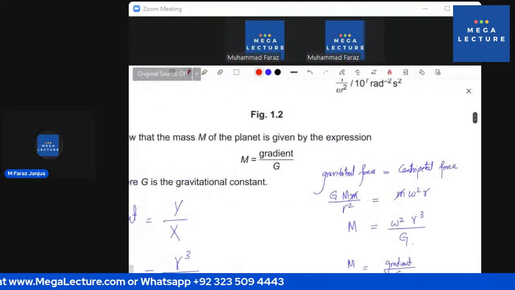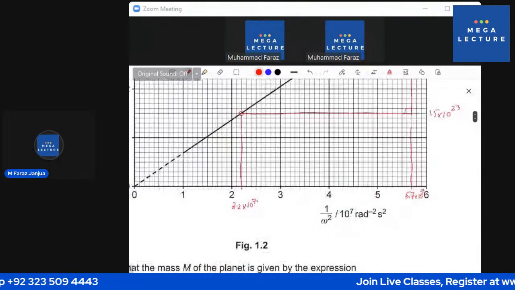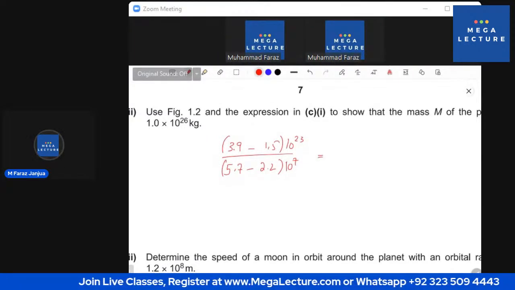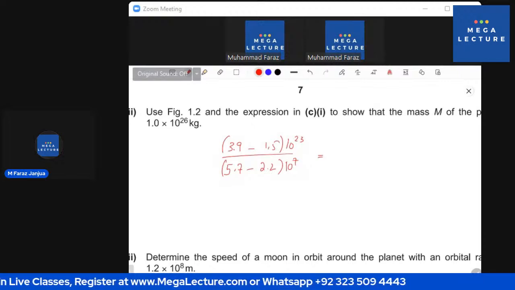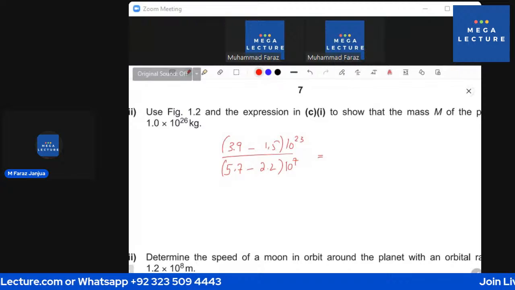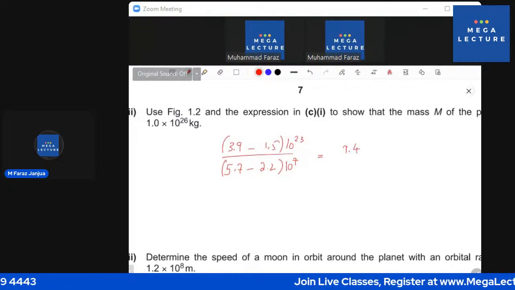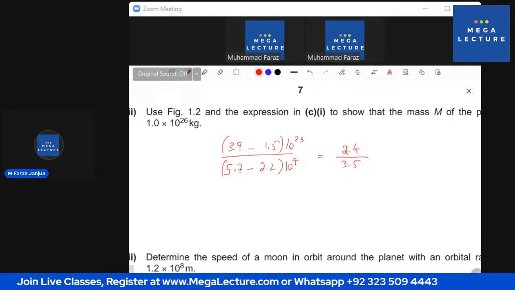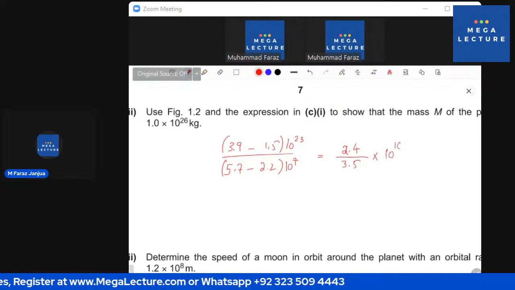So by using a calculator, we can find it. 3.9 minus 1.5 is 2.4, divided by 3.5 times 10 to the power 16.